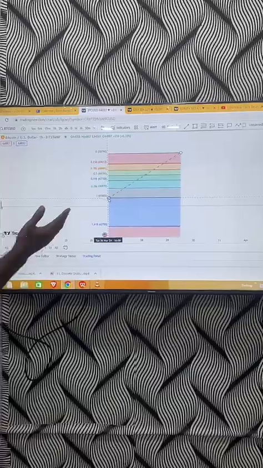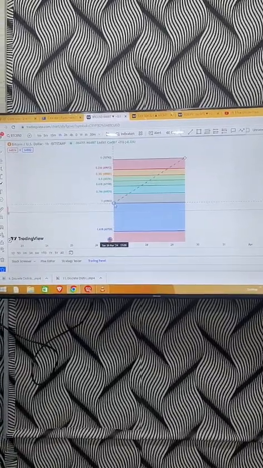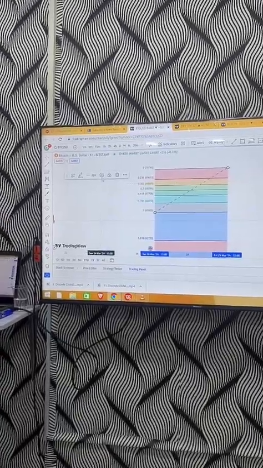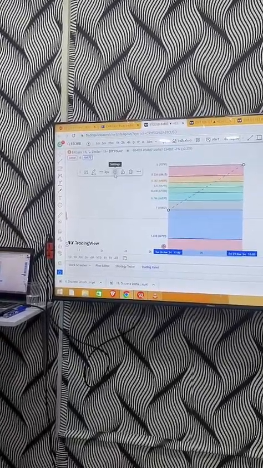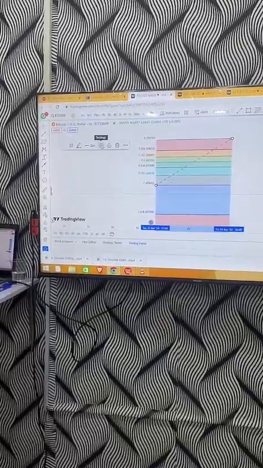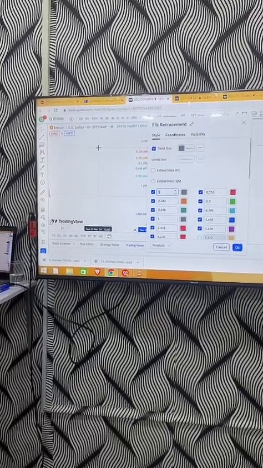How do we eliminate those levels? Click on the Fibonacci like this. You see this pop-up here. You click on the settings, this hexagonal shape with a circle inside.